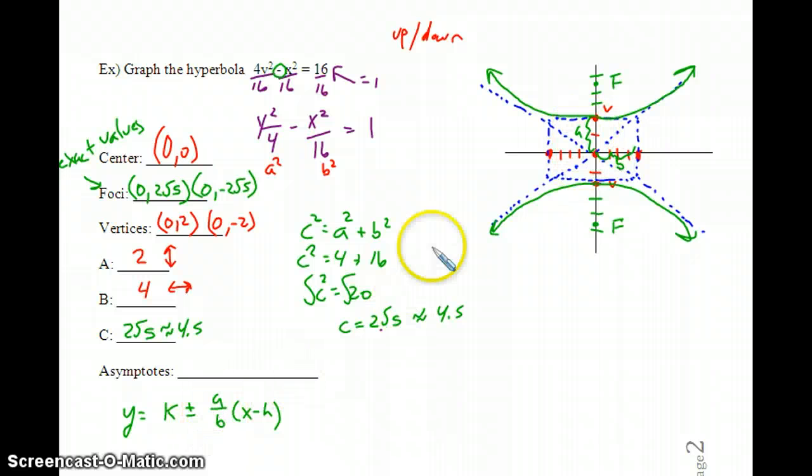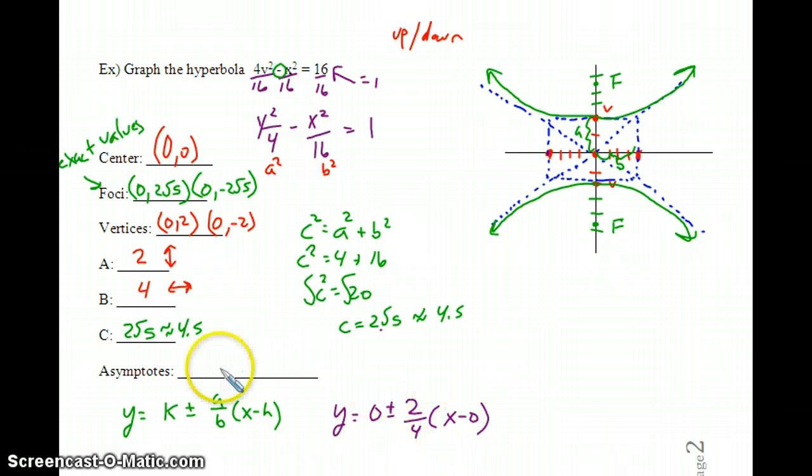So that's really how I'm getting that a over b for this type. So our k was 0, our a value is 2, our b value is 4, and our h value is 0. So if I simplify this, y equals plus or minus 1/2 x would be the equation for those two asymptotes.